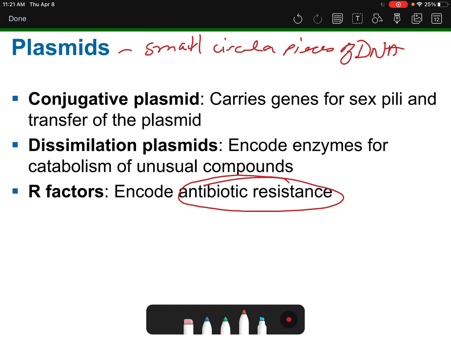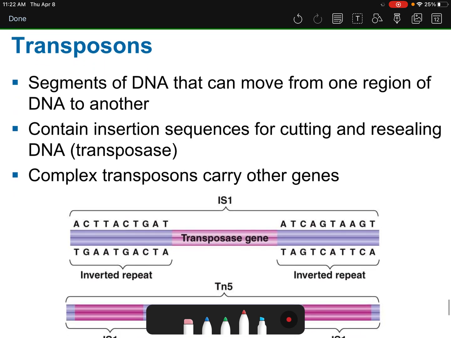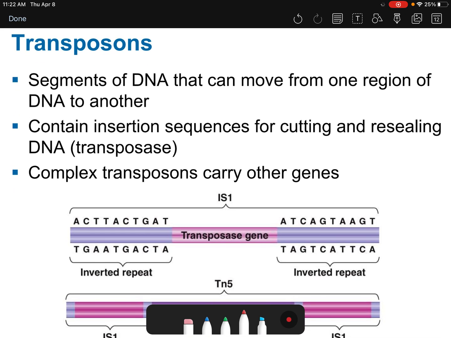They're not part of the big bacterial chromosome, but once they are taken up by a bacterium, whether through the pilus or otherwise, they can incorporate that and have some of those genes as part of their genetic information. So that's another way to have a little genetic recombination.